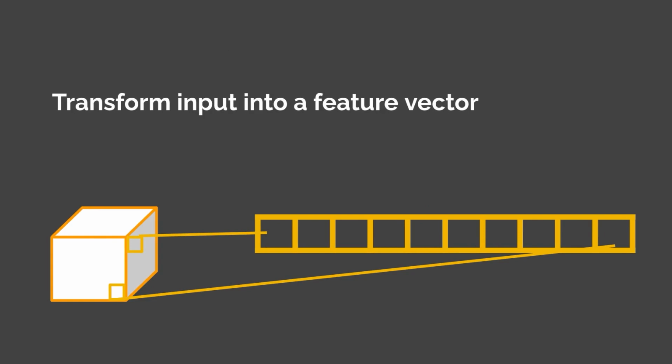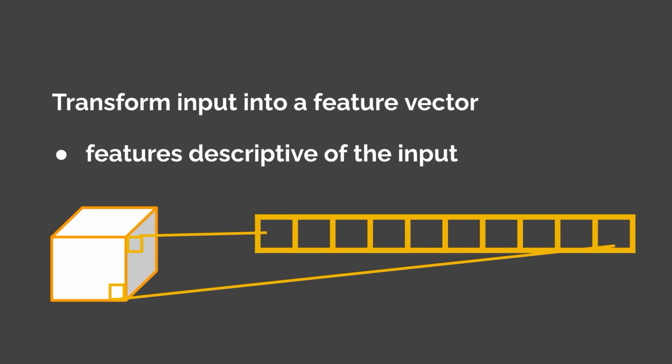Now, if you're working with images, you have to transform your input into a feature vector. And this contains features descriptive of the input. Now, if you don't have an image, you have some other data, well, you still have a feature vector. You have an array of features. For example, if you have a data set full of triangles and squares, and you want your machine learning model to learn how to recognize triangles and squares, well, each sample will have an array or a list of features.